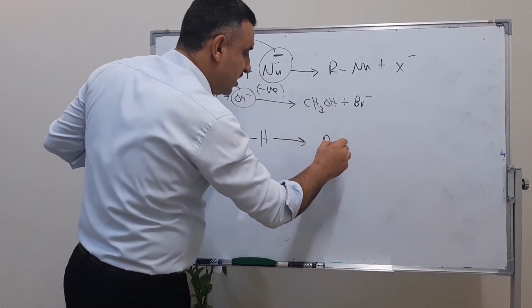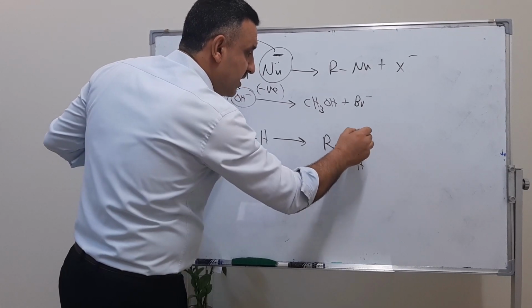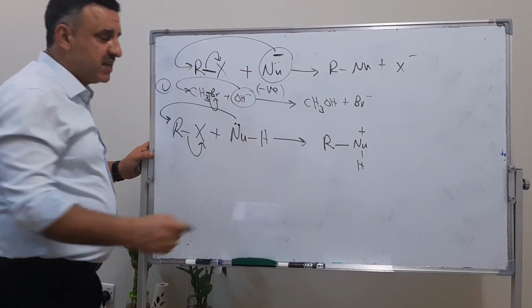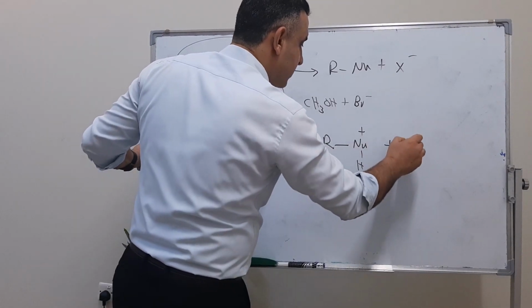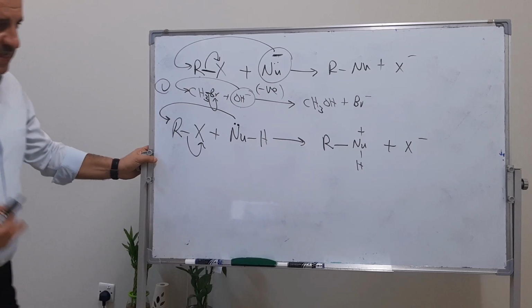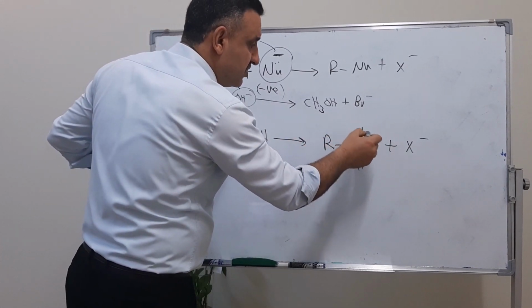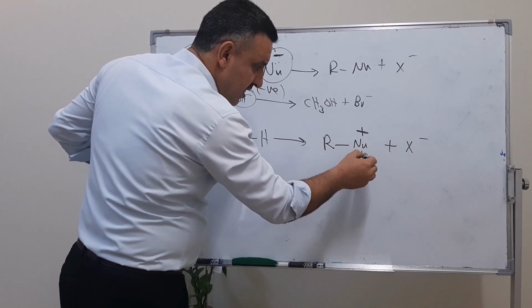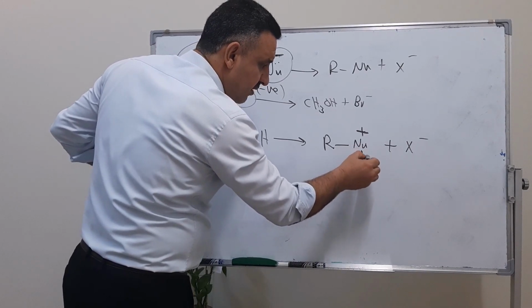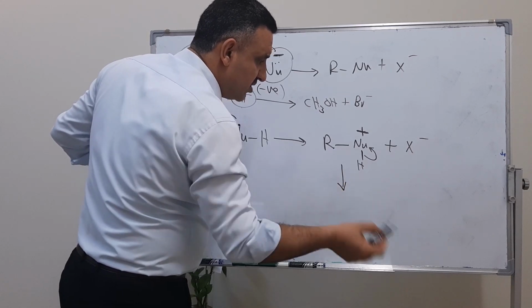So what we are going to get is R-nucleophile-hydrogen, which will carry a plus charge, plus X minus. Do you follow me? Then, since the nucleophile has a hydrogen, the bonding electrons with the hydrogen will be given back to the nucleophile, and the hydrogen will be lost.